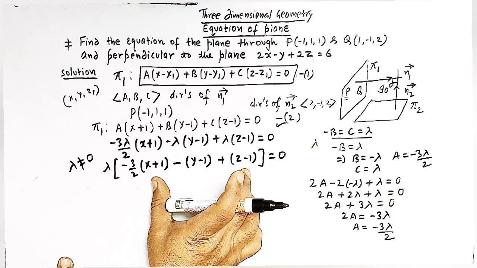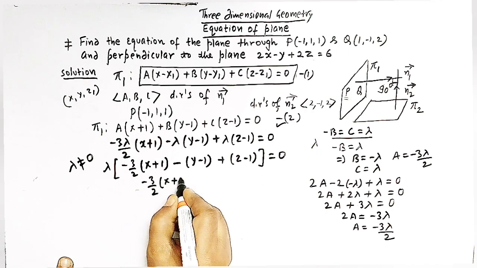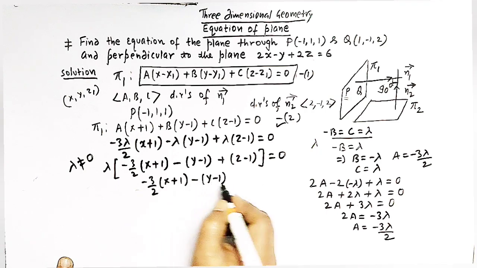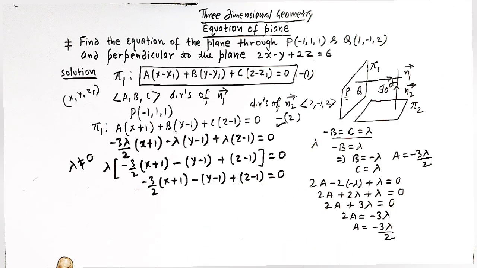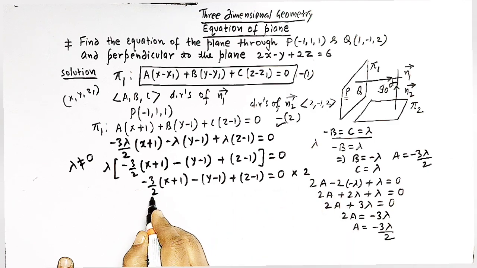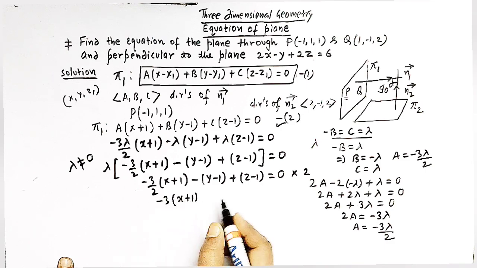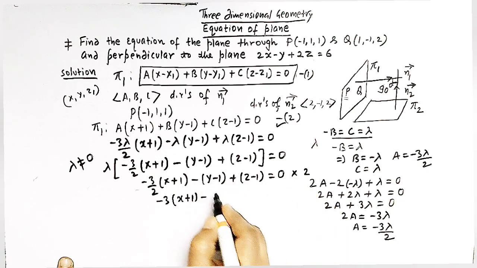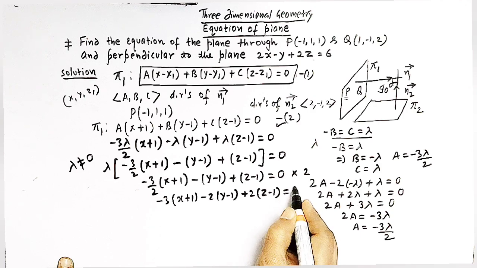So this expression has to be equal to 0. So we have minus 3 by 2 x plus 1, then we have minus y minus 1, and then we have z minus 1 is equal to 0, right? So let us now arrange the terms by multiplying throughout by 2, so that we can easily get rid of this factor 2. So we have minus 3 times x plus 1, and then here we have 2 times y minus 1, and here we have 2 times z minus 1 is equal to 0.